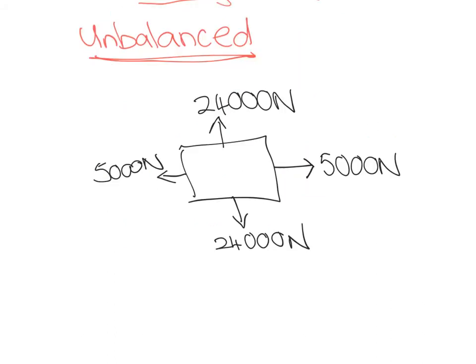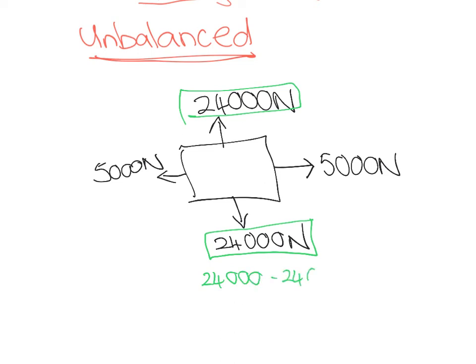So here we've got the same box again, and as mentioned before, we've got our 24,000 newtons for our weight force and our 24,000 newtons for our support force. And just as before, if we take those two numbers away from each other, we've got 0 newtons acting in an up and down direction.